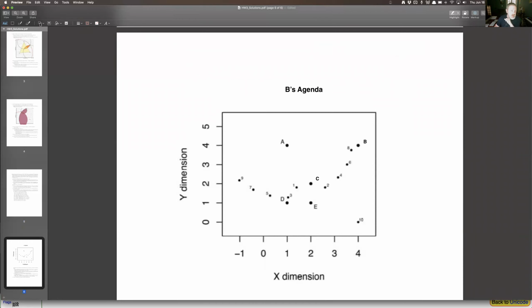Let's see if I can get my drawing tool out here. Remember, for radial symmetry, first, one of the alternatives has to be in the center of the cloud of dots. So if C was over here, we would already fail that condition, because they would all be in a circle almost. But C is sort of in the middle of a cloud of dots. So now I need to check if I start at each ideal point and go through C, do I hit another ideal point?